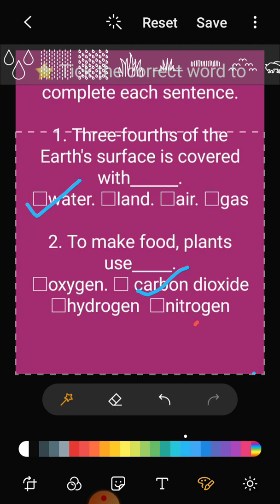The earth is surrounded by a layer of air called the atmosphere. The atmosphere contains oxygen, carbon dioxide and other gases. Oxygen is required by all living organisms to breathe, and plants use carbon dioxide gas to make food.